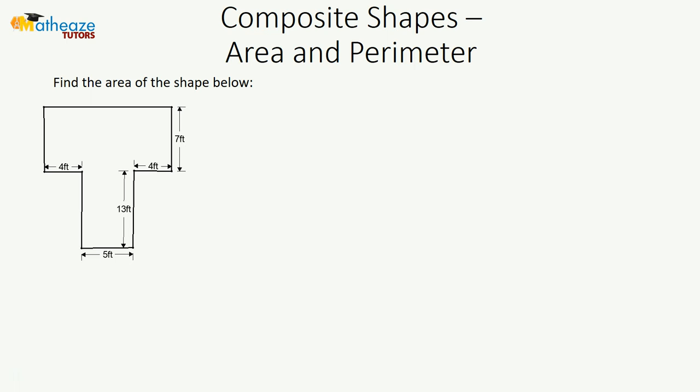Now let's look at this example. What I'm going to do is draw a dotted line here to break this up into two different shapes. I call this A over here.